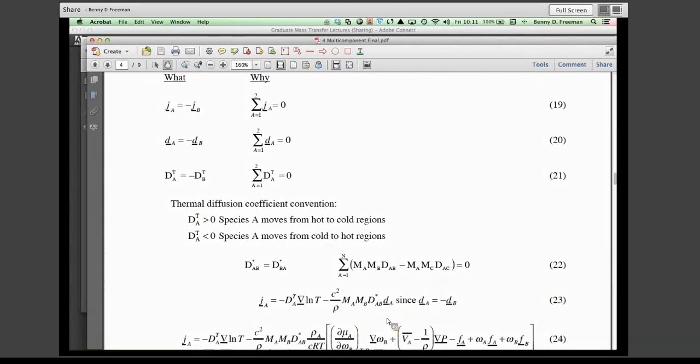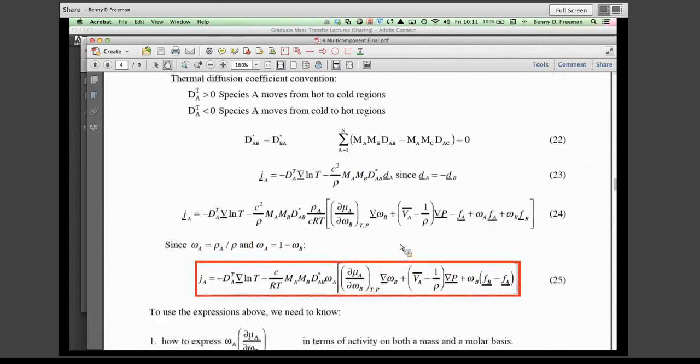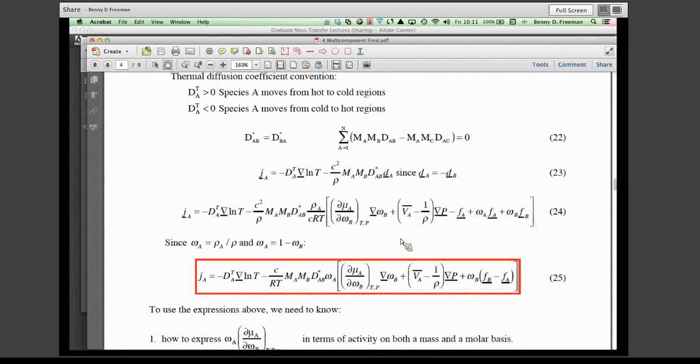And now if we expand out d_A, we get the result that is shown in equation 24. If I further recognize that the mass fraction is the mass concentration of A divided by the total mass concentration, or the density, and that omega_A, the mass fraction of A, is 1 minus the mass fraction of B, I can simplify that expression a little bit as shown here.